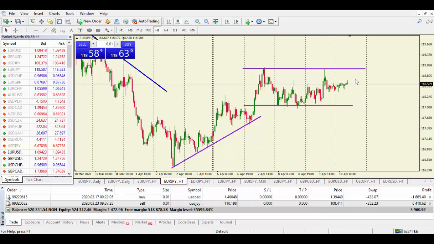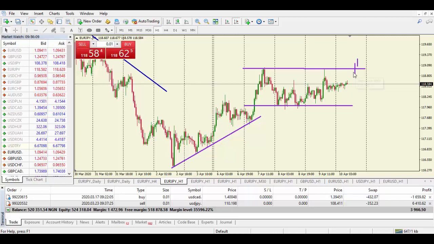Now also, if we have a candlestick that opens and closes above this level of resistance, we can say the resistance has been broken. But a candlestick that pierces through it like this has not broken it until we have a candlestick that opens and closes above the level.